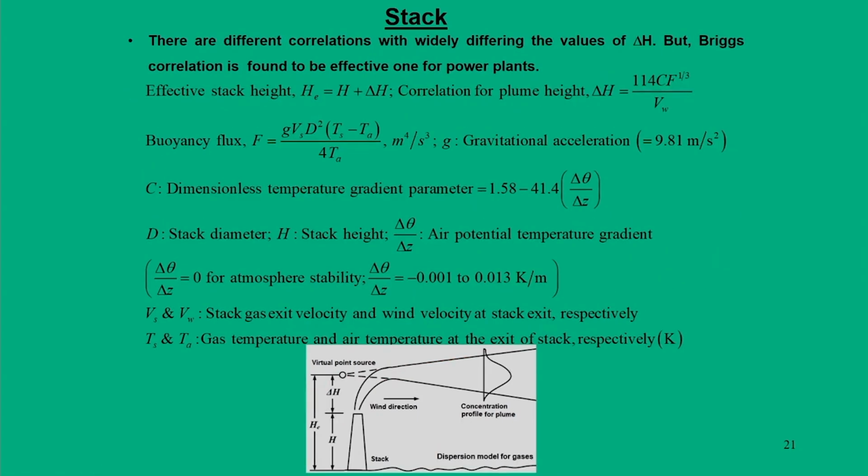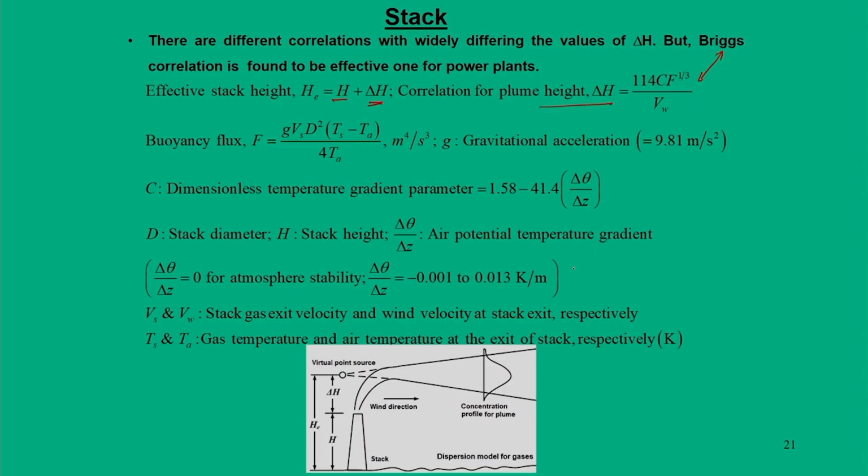There are different models or correlations used, but in this lecture we are just covering that to find the effective stack height, we have to find the actual H and delta H, where delta H is the plume height, modeled through Briggs correlations through the expression 114 C F to the power 1 by 3 divided by Vw.